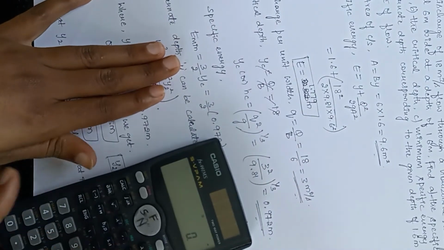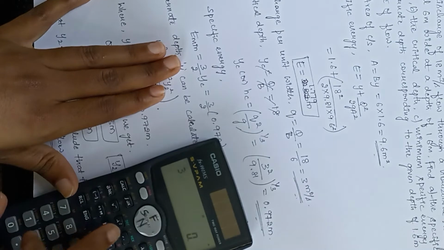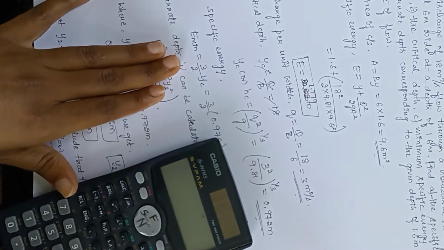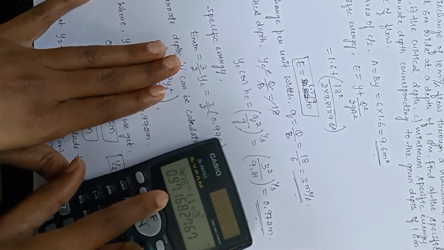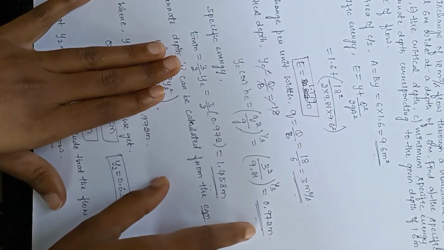Then you start simplifying this. This gives you 3 square divided by 9.81, whole to the power of 1 by 3, which is 0.9716. I am rounding the value to 0.972 meter.